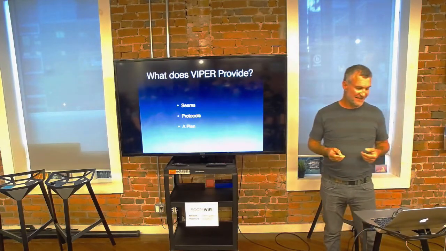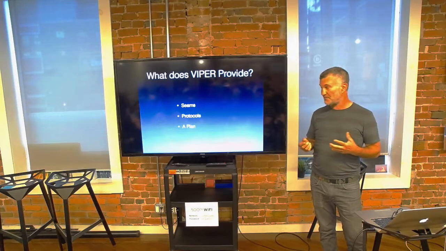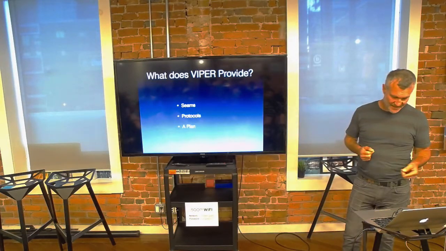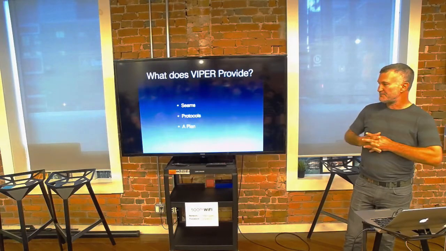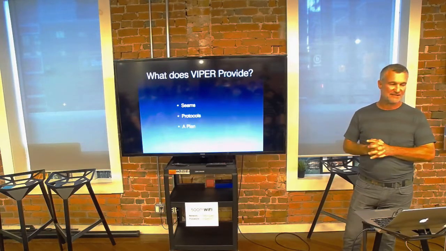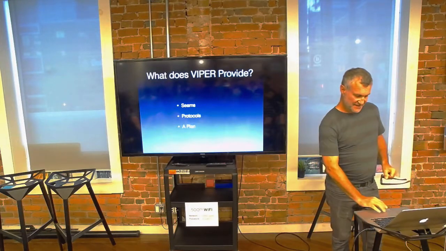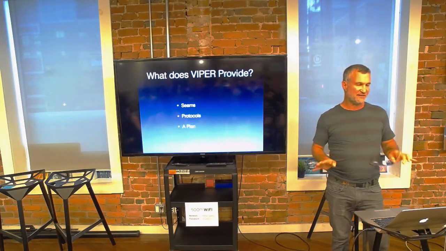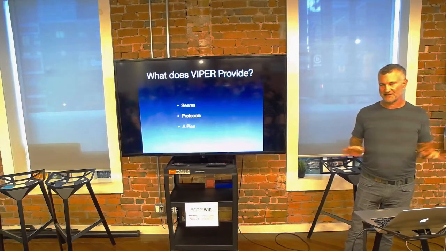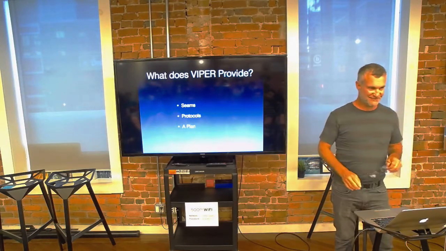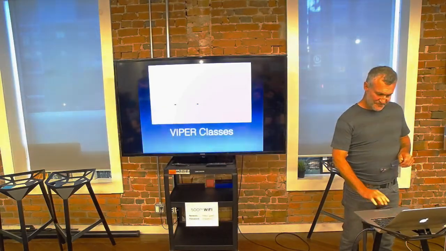And the plan is something we already know because we're dealing with Viper and the whole team knows that. So I find that Viper provides some of the things that we inherently do. So I'm going to give you a quick overview of Viper. I don't expect you guys to get the whole thing all at once. I have 45 minutes, so we'll see what we can do with it.